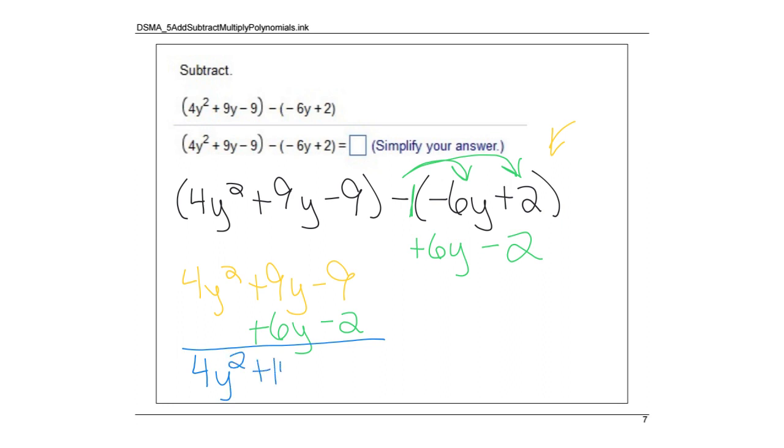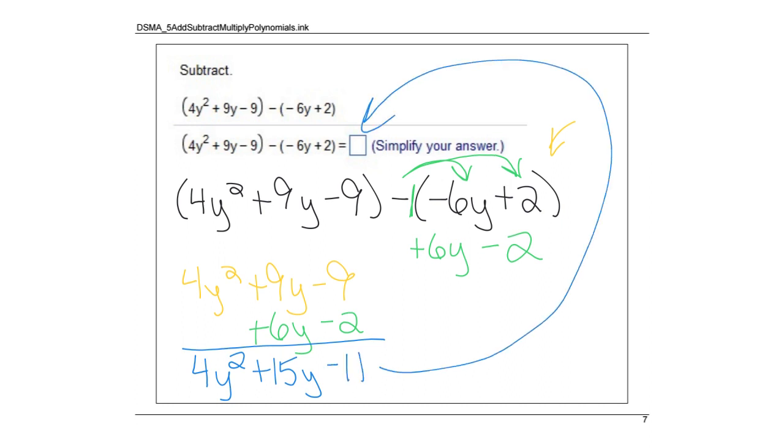Then I have 15y minus 11. And that's my answer that's going to go in. So very careful with subtraction. We have to make sure that we change all the signs in the parentheses after the subtraction sign. And then we can start combining like terms.